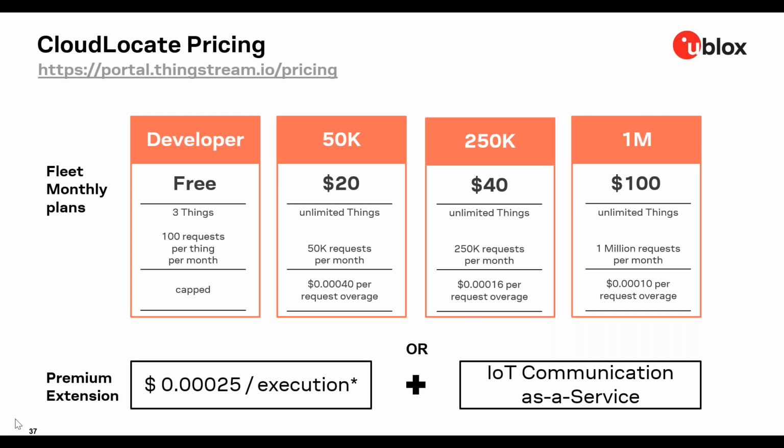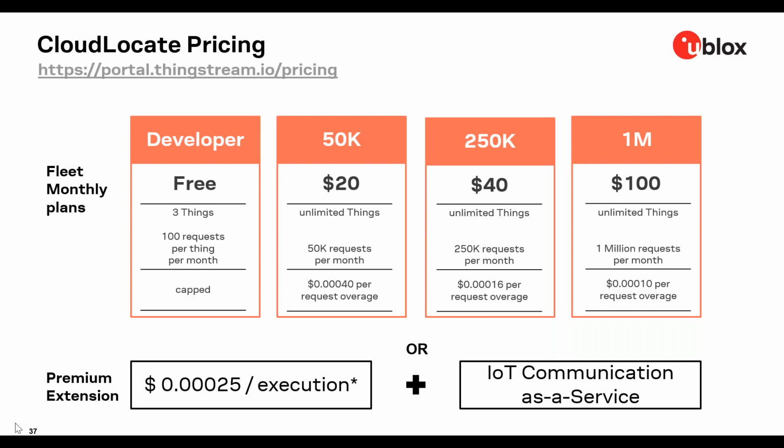There are two ways to access the service, as shown by Hamed. First one, if you want only the location, no need for connectivity, the fleet monthly plans are the right choice for you. You can test the service using the developer plan that allows you up to 3 location things, and then scale up to your preferred plan depending on the use case.